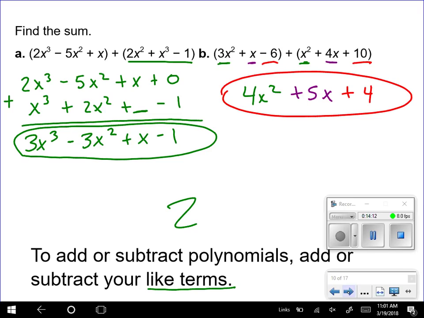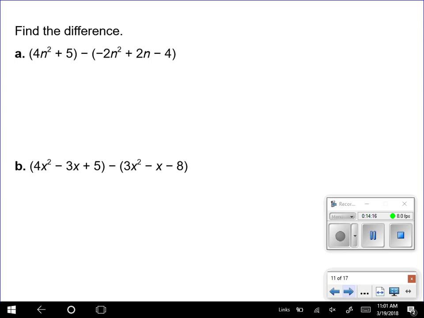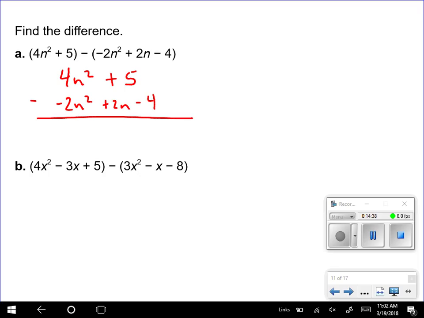Now, subtraction I think is a little bit different because you have to make sure that you're doing it in the right order. So I like to do subtraction vertically. In this case I have 4n squared plus 5, and I'm going to subtract -2n squared, and I want to match up what I have here. We don't have a 2n, but we do have a -4. So I know that I'm going to be working with these two and these two.